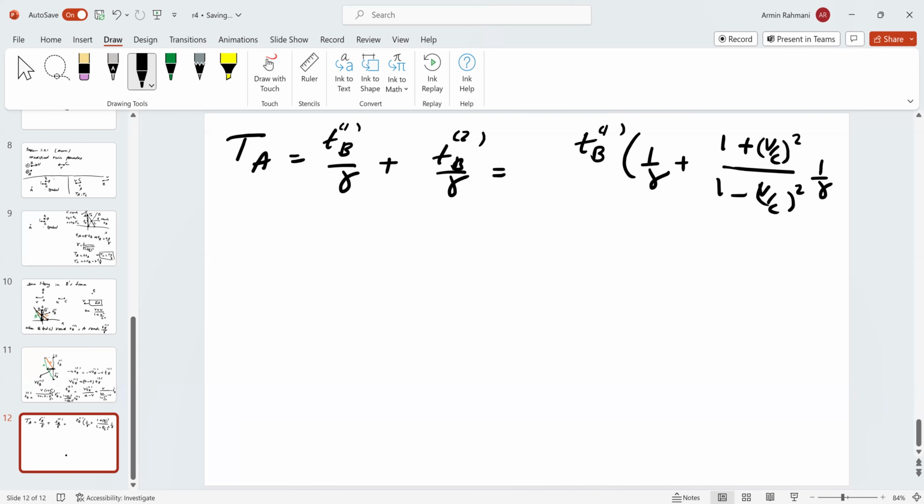I believe that should be the time here. We can further simplify that. So 1 over gamma is the square root of 1 minus V over C squared. So let's write that.